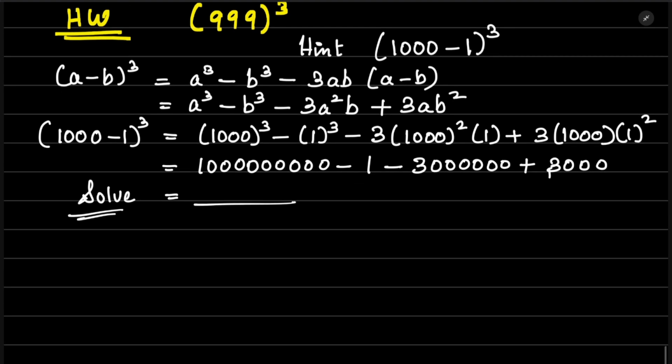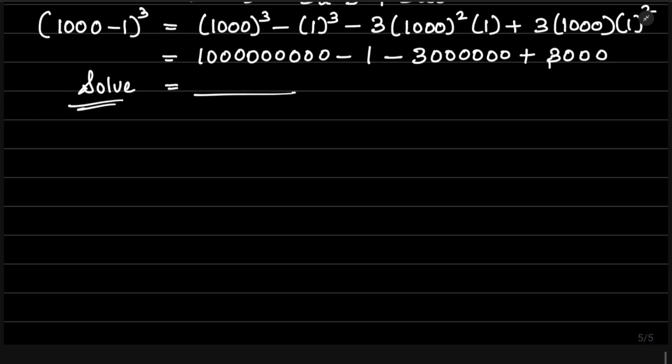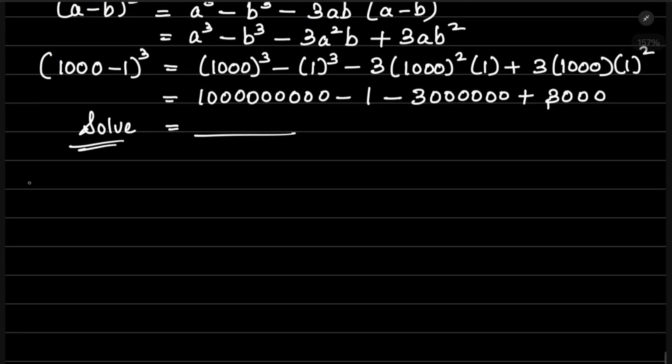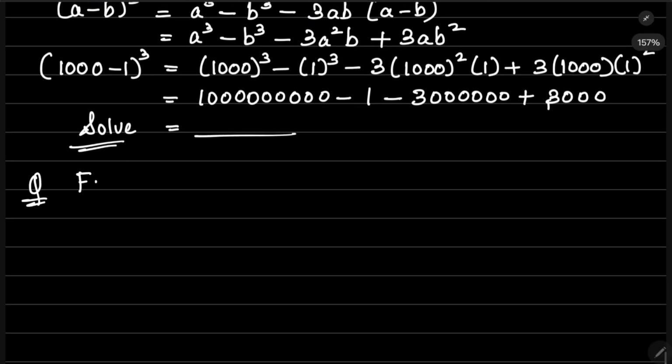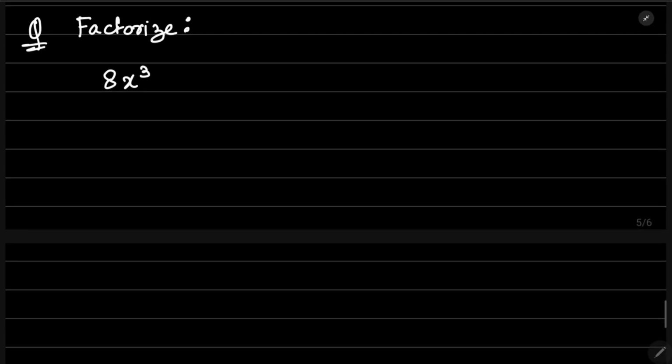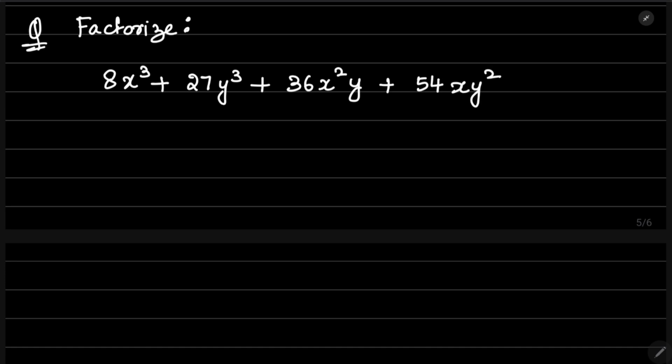So here the next one will be to factorize it. Okay, so far you were converting the compressed into expanded form. So the next question is you have to factorize. The question is 8x cube plus 27y cube plus 36x square y plus 54x y square.